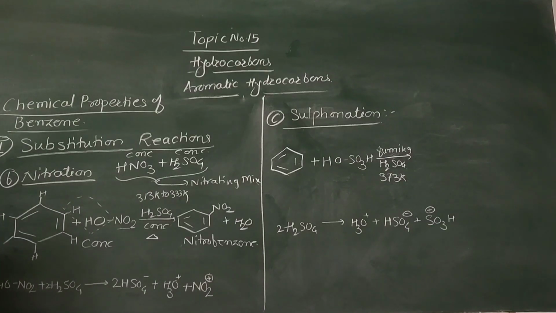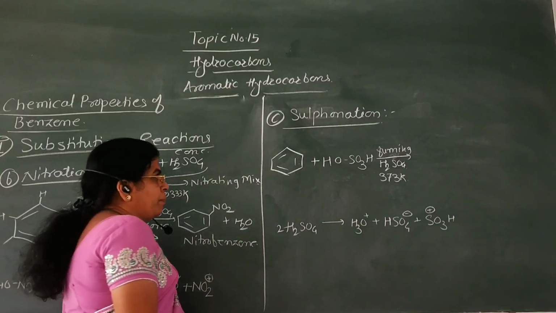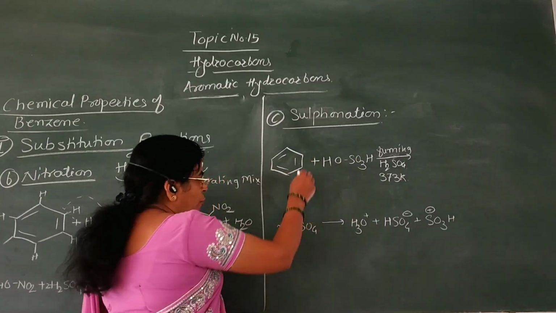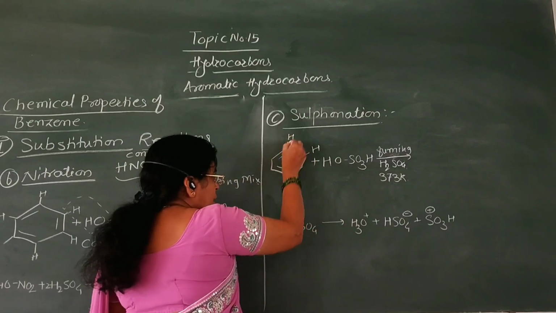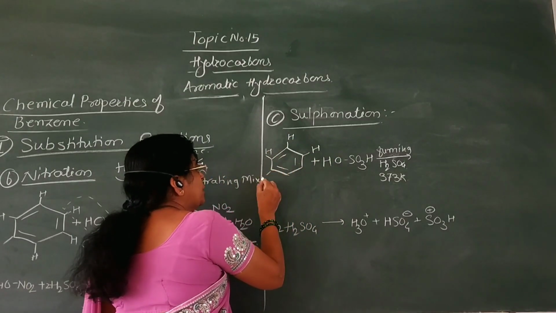Now we are going to see the sulfonation of benzene. Now here, when one hydrogen atom from benzene is replaced by the SO3H group, it is called sulfonation of benzene.